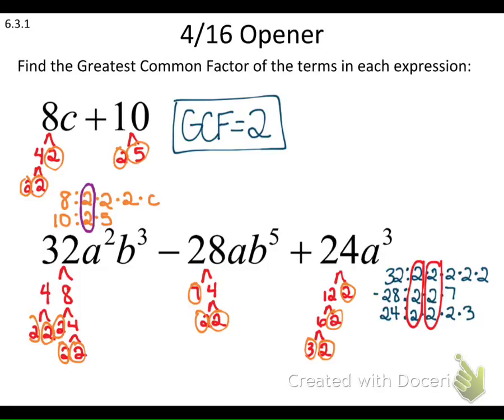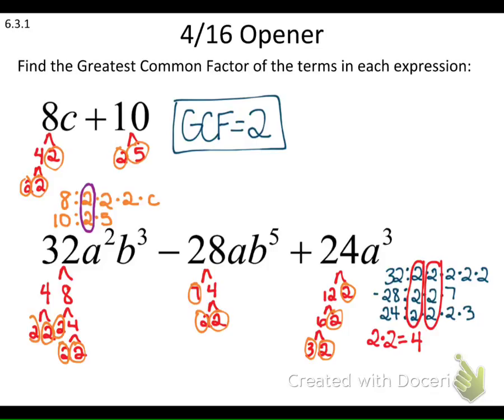No. 32 has a 2 and 24 has a 2, but negative 28 doesn't have another 2, right? So we can't circle that. Because I have two 2's, I'm going to take 2 times 2 to get my greatest common factor. 4. Very good. So, 2 times 2 equals 4.